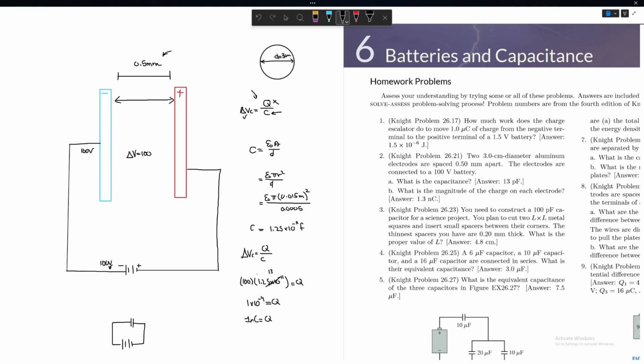I still got 0.1, so I'm not sure how they got 1.3. I'm just assuming they have an extra decimal. All right, so I just confirmed this for you guys, and it is a rounding issue, so this would technically be right.